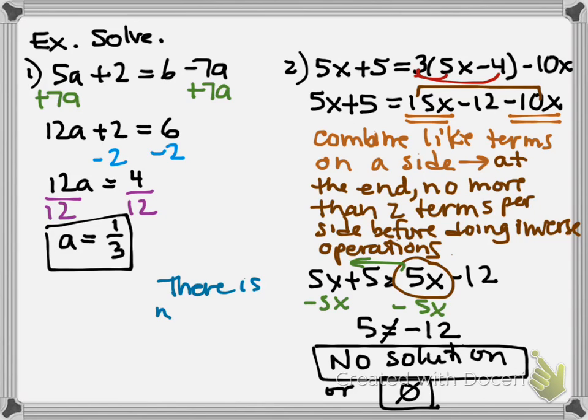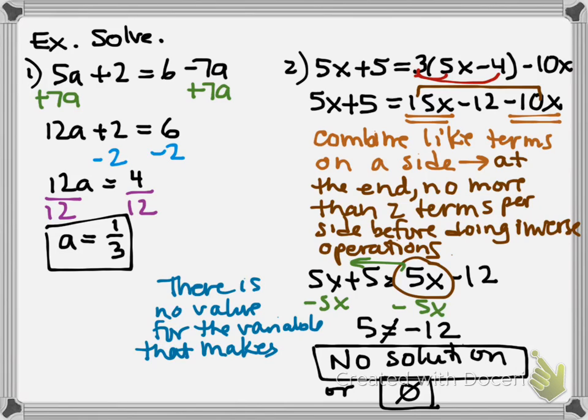There is no value for the variable that makes this equation true. And remember, that means what's on the left equals what's on the right. We talked about that, I think it was beginning of chapter 1. Okay, so that's what's unique about this problem.